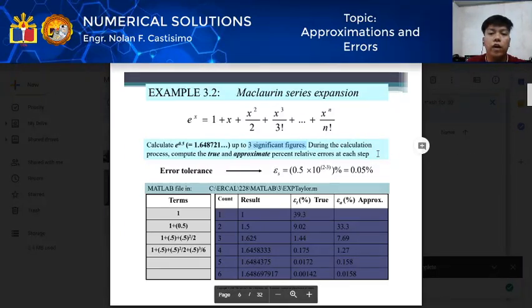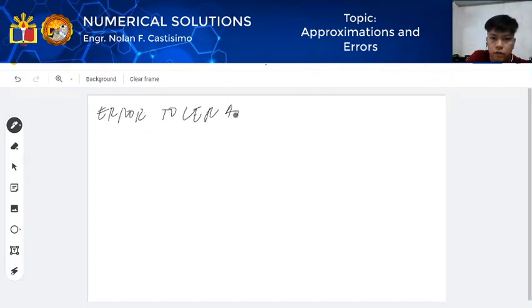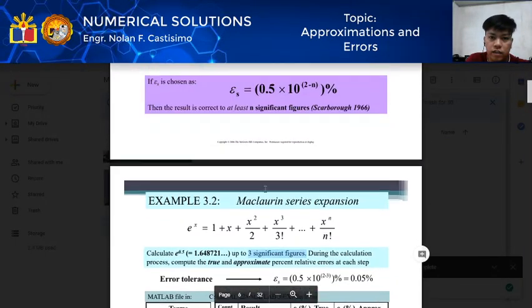So, paano ba nakuha yung error tolerance na yan? So, ito. Error tolerance. Okay? So, ano yung formula natin? Summation S. Dito, yung formula natin.